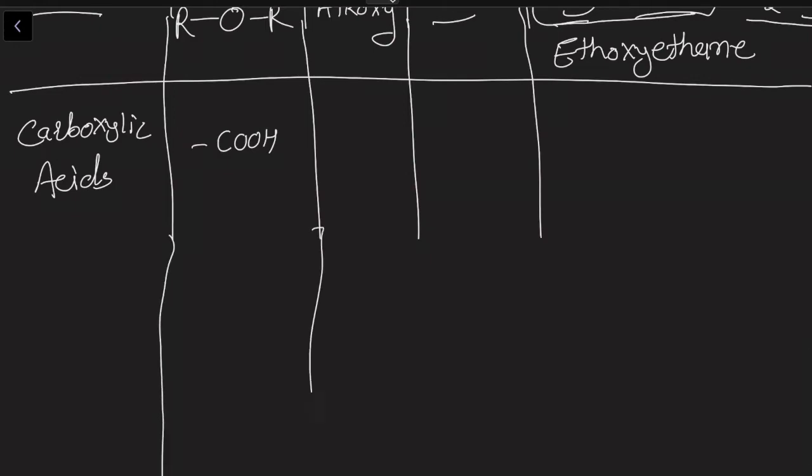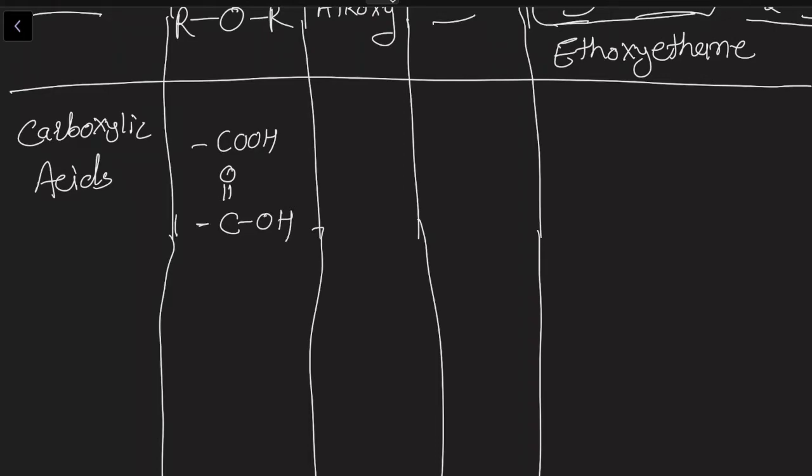The structure of it is C double bond O, then OH, and there is an R. R is basically a carbon chain with 1 carbon, 2 carbon, 10 carbon, whatever you want to put in the future.